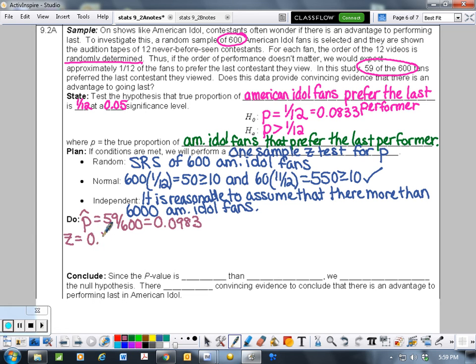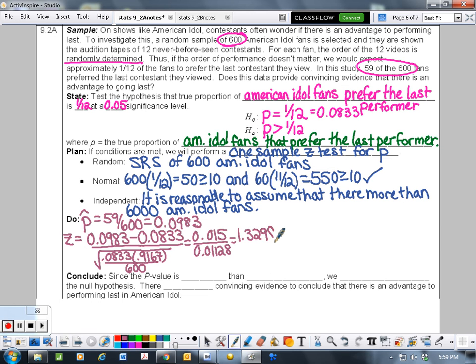So our actual statistic minus our p-value over our standard deviation of our p-value, the square root of 0.0833 times 0.9167 over the sample size of 600. So this gives us 0.015 over 0.01128, which gives us a z-value of 1.3298.